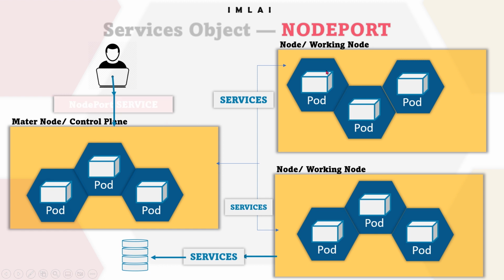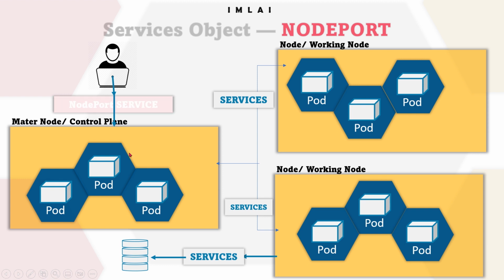The pod could be in any node, working node 1 or working node 2, it doesn't matter. The service that we are going to create can be in any node, even the master node. It will be across all the nodes.